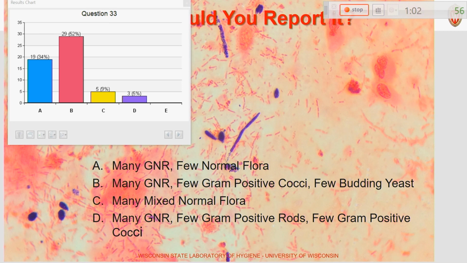In our practice, I tend to push towards trying to group together organisms that are normoflora on the basis that if we report it, they may treat it. So again, ASM's Clinical Microbiology Procedures Handbook doesn't take a stance on grouping things together in the Gram stain for a sputum, but I was just kind of curious to see what people are doing.